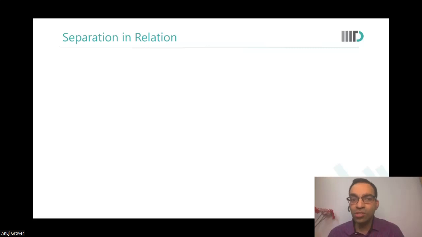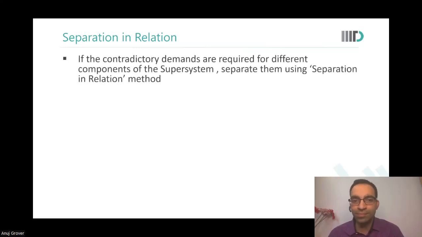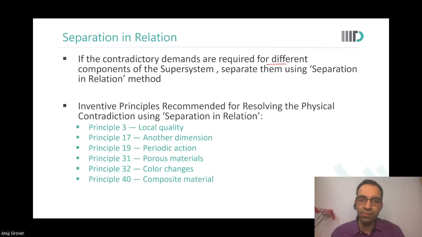We would answer the question for whom. So separation in relation means the contradictory demands are required for different components of the super system or something like that. You say, okay, for the person at hand, this is what is required. For the nail, something else is required.